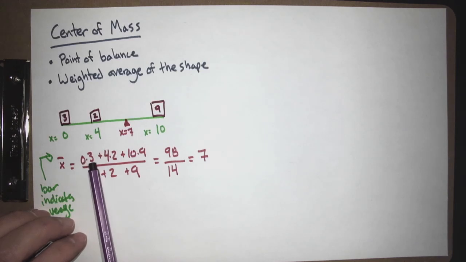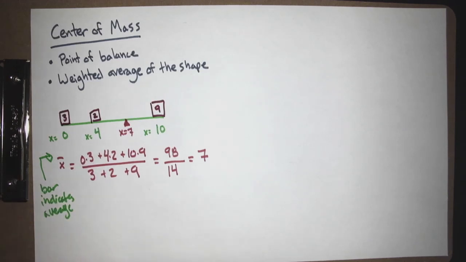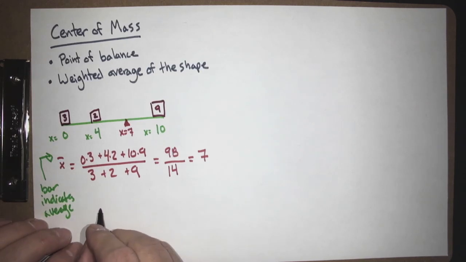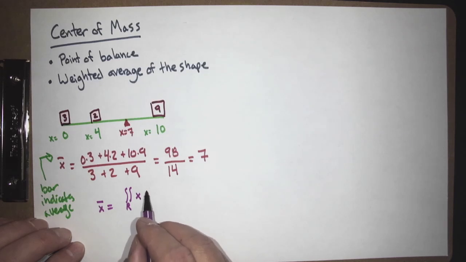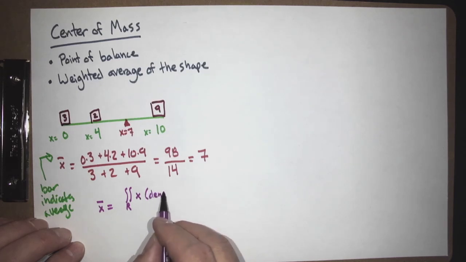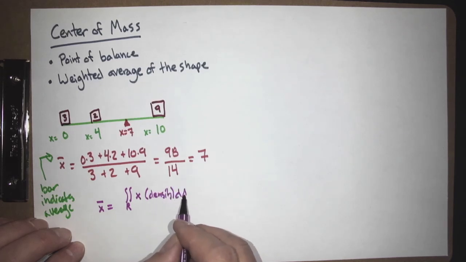Locations are like a distance. Suppose I wanted to do an x bar for a 2-dimensional region. What do I want to add up? The x location times our density dA, which is our mass.